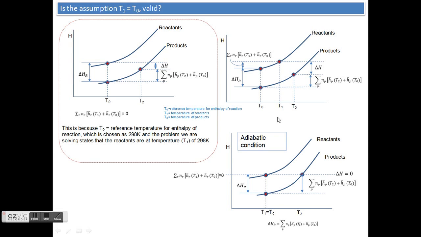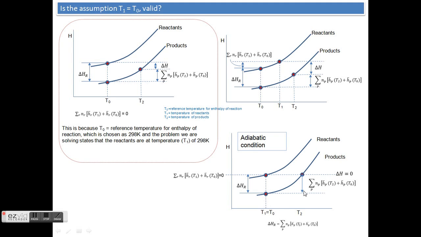I have two other graphs here which are not related to the problem we're solving, but I think it will be interesting to study them and understand. We talked about the adiabatic condition in our last module, and we say our change in enthalpy is 0.